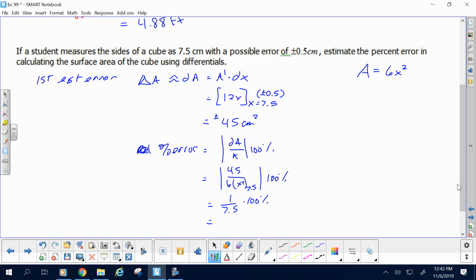So how do you get 1/7.5? I took 6 times 7.5 and hacked away 45. This down here is 6 times 7.5 times 7.5. 6 and 7.5 is 45. Yeah, I know, so that's why I still have a 7.5. So what did you get there? 100 divided by 7.5 is 13.3 repeating percent error. Okay. You get the gist?